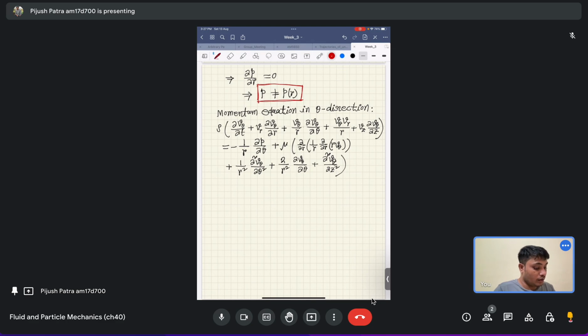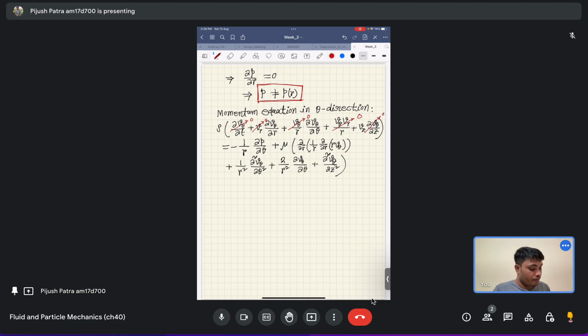So what are the terms which are 0 here? V theta is 0, and the time term is also 0 from the steady condition, because Vr, V theta and Vz, none of these are functions of t, because of the steady flow. Vr is 0, V theta is 0, this term is also 0, so this entire term is 0.